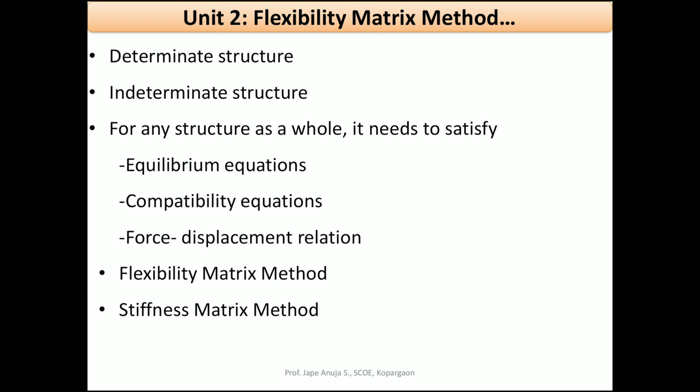After determining the unknown displacements, the other forces are calculated which satisfy the compatibility condition and force displacement relation. This stiffness matrix method will be discussed in unit number 3. This second unit deals with the flexibility matrix method.